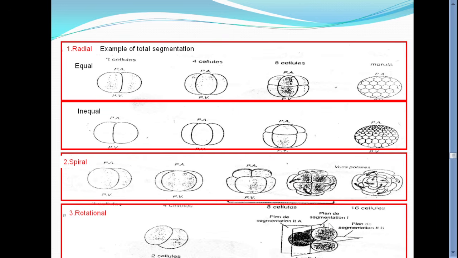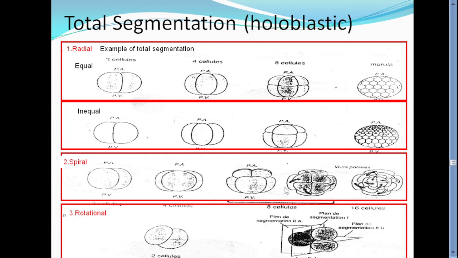So let's see the first example, which is total segmentation or holoblastic segmentation. As I said before, in this case the totality of the cell will divide, in order to assure all the steps of the segmentation, from the stage 2 to morula and blastula. This segmentation can be radial.